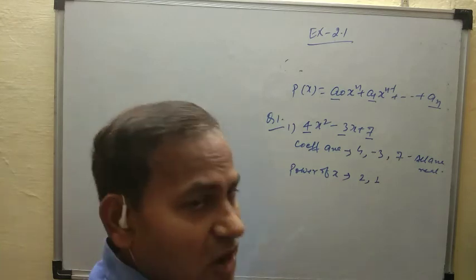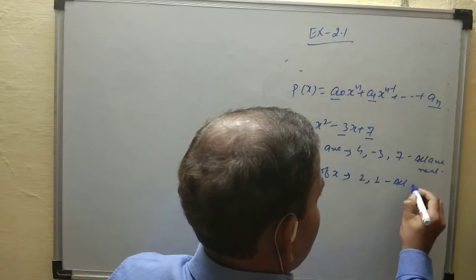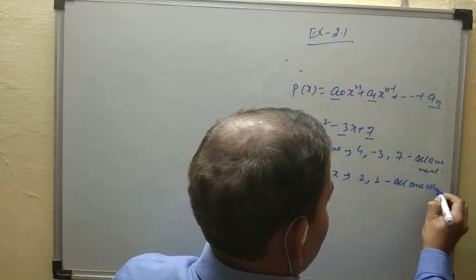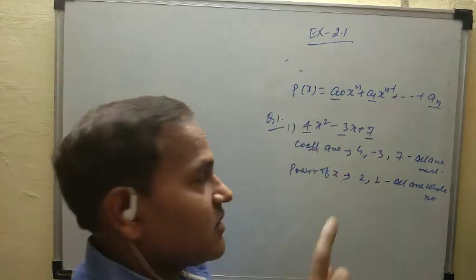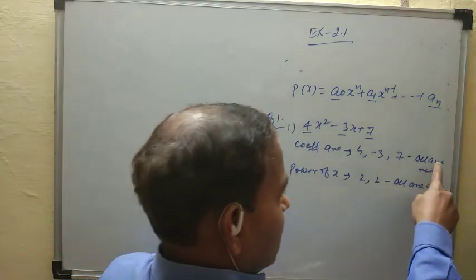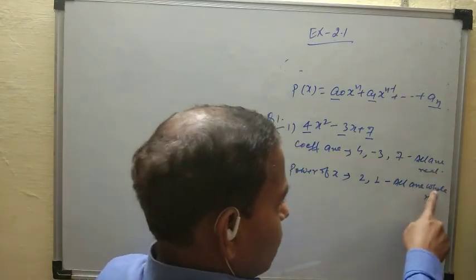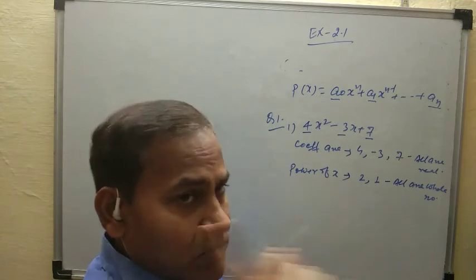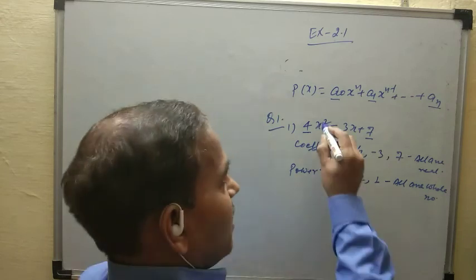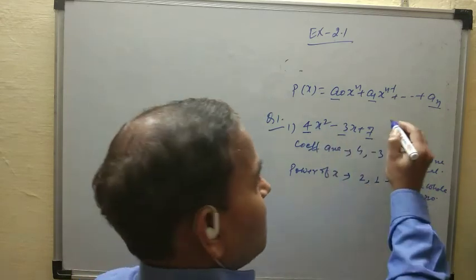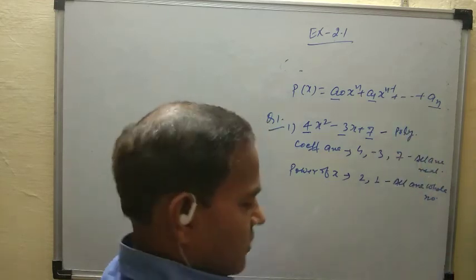So all powers of x are whole numbers. तो 2 पॉइंट चेक करना है. कोफिशिएंट क्या होना चाहिए? रियल नंबर. और पावर क्या होना चाहिए? होल नंबर. देन दैट इज ए पॉलिनोमियल. सो हियर ऑल कोफिशिएंट इज ए रियल नंबर एंड पावर इज ए होल नंबर. सो दिस इज ए पॉलिनोमियल. यह हो गया पॉलिनोमियल.